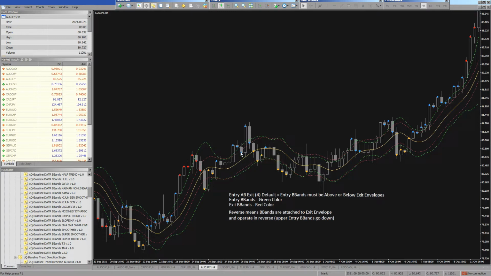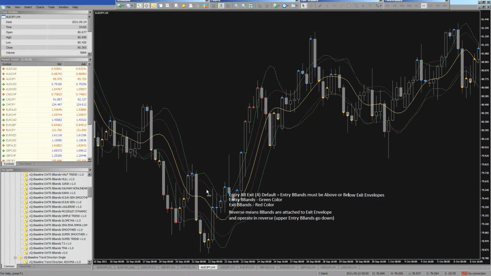And here it is too, even though price is below. It just has nothing to do with price. It basically is just measuring using the entry envelope and the exit envelope. Like here, the lower entry B band is below the exit envelope, so it draws a dot. So that's how come you get this particular look.